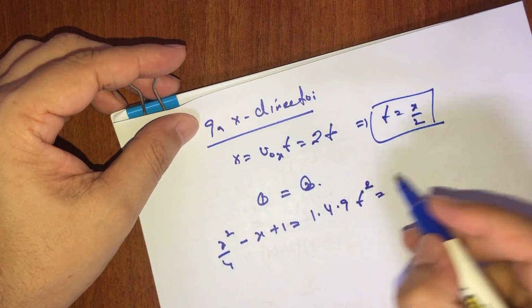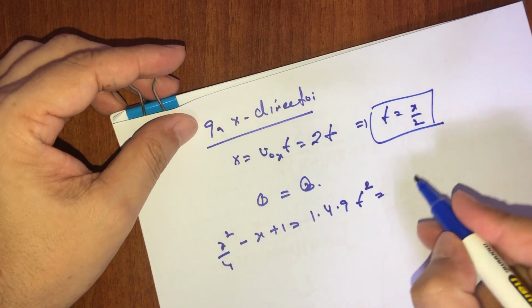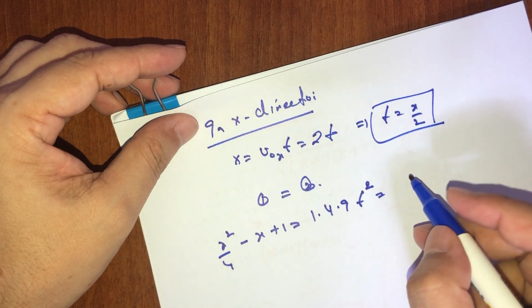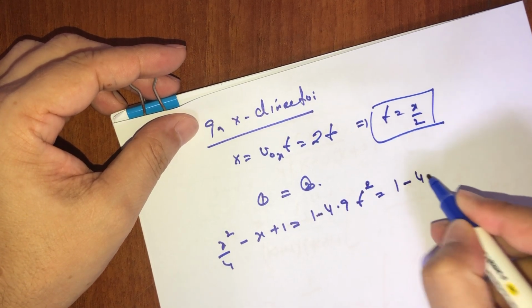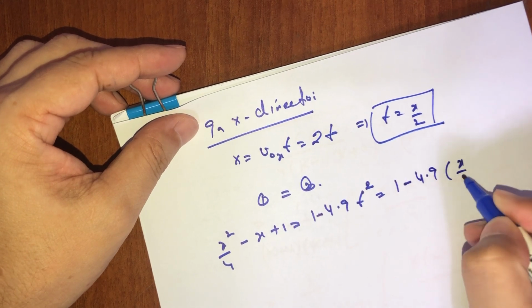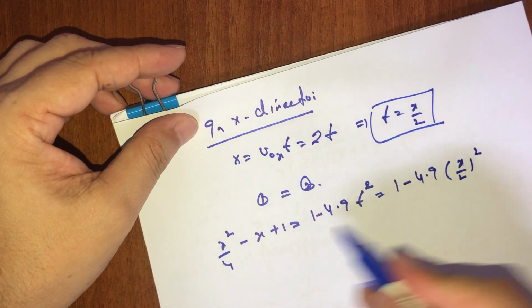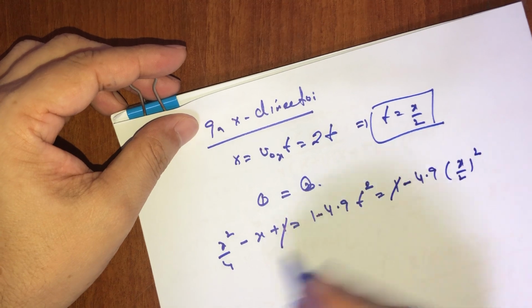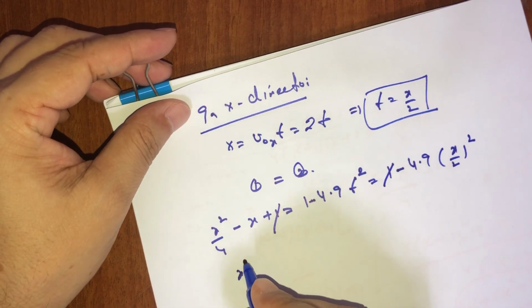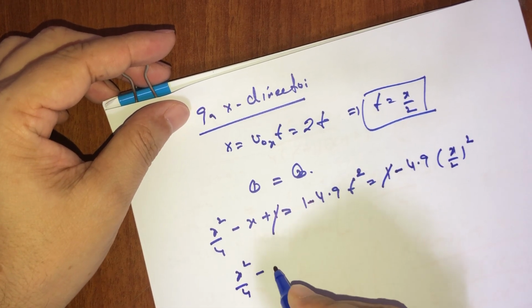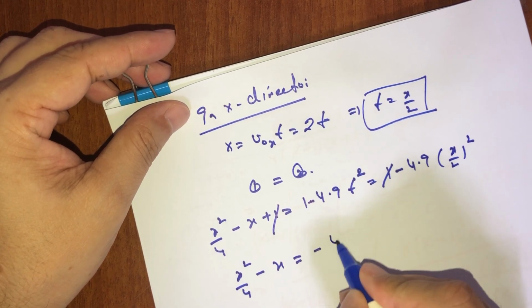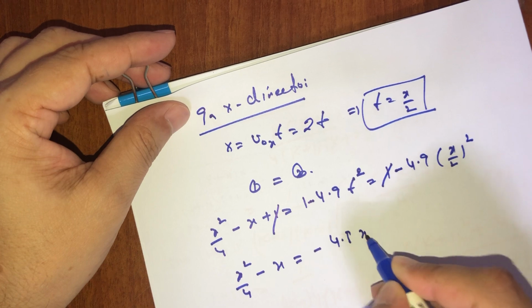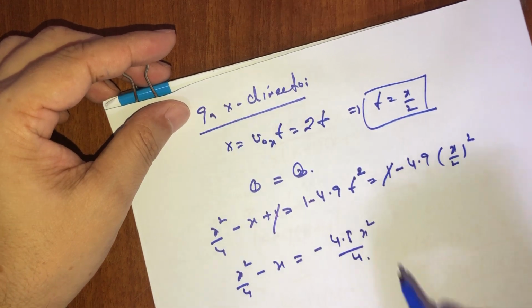We substitute the value of t as x by 2, so we get 1 minus 4.9 times (x by 2) whole square. So 1 cancels out with 1, and we are left with x square by 4 minus x is equal to minus 4.9 x square by 4.